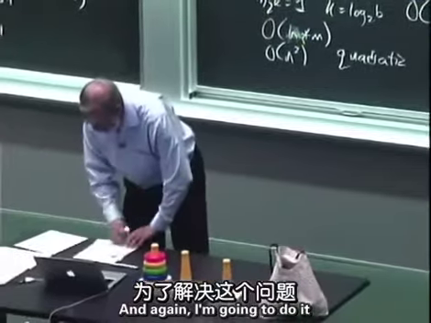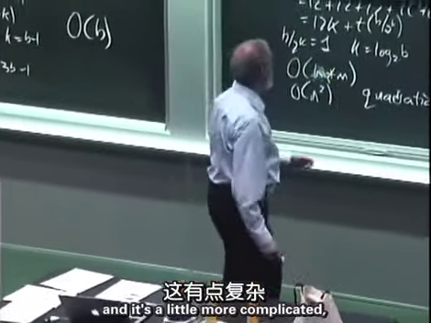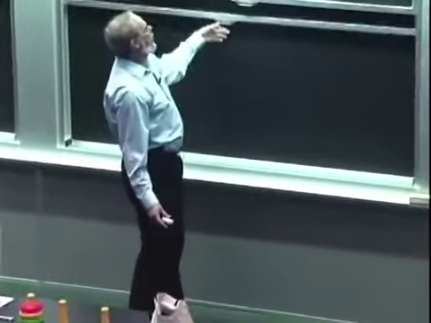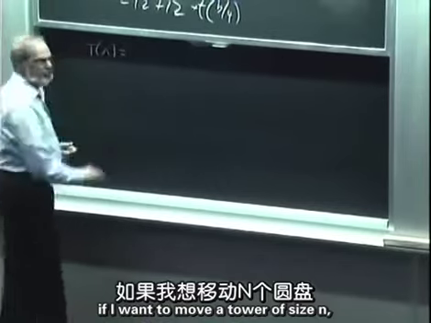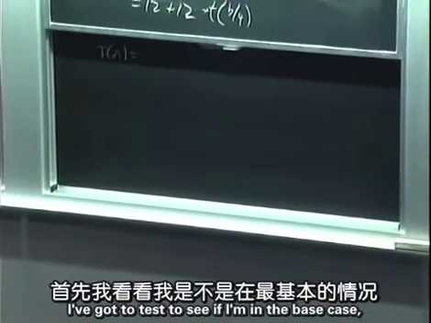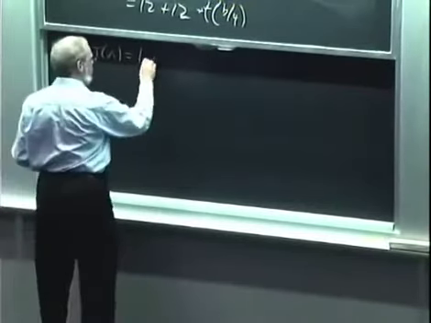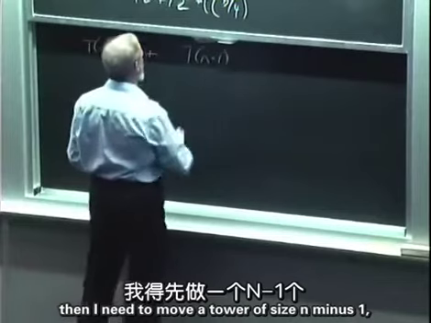And again, I'm going to do it with a little bit of abusive notation, and it's a little more complicated, but we can kind of look at it. Given the code up there, if I want to move a tower of size n, what do I have to do? I've got to test to see if I'm in the base case. And if I'm not, then I need to move a tower of size n minus 1.